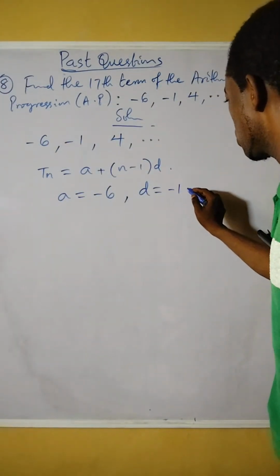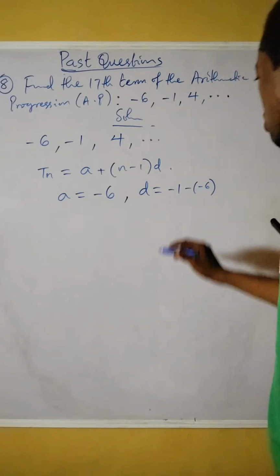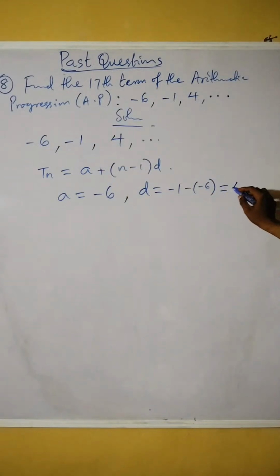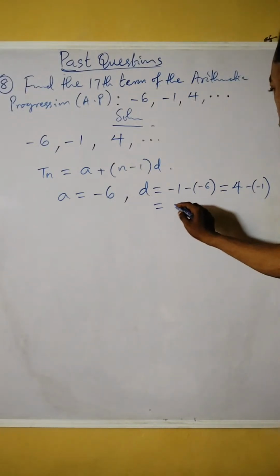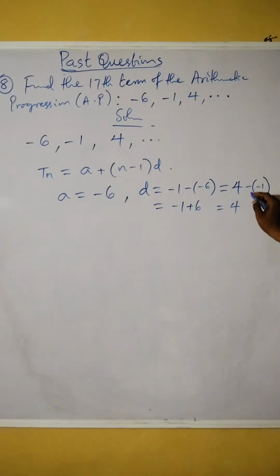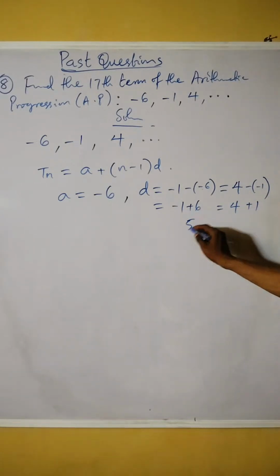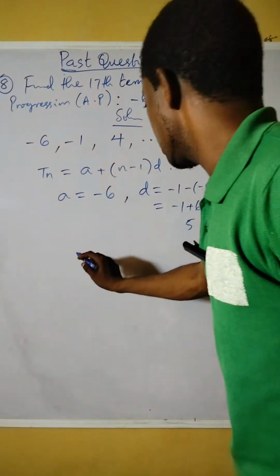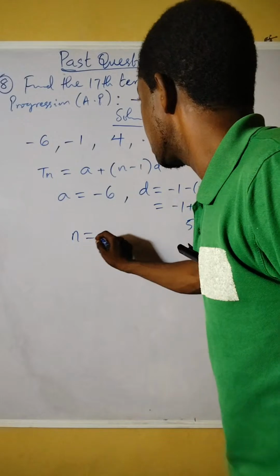That's -1 minus -6, or the same thing as the third minus the second, that's 4 minus -1. Either way, minus minus gives us plus: -1 plus 6, or 4 plus 1, so this is 5, in each way we pick. So the common difference d is 5, and a is -6, and n is 17.